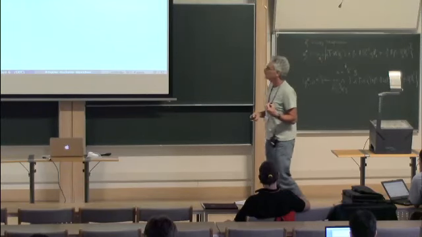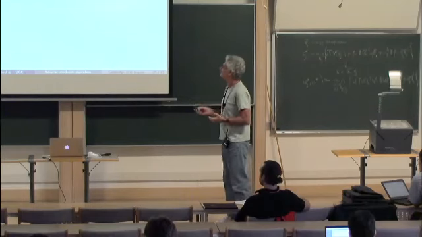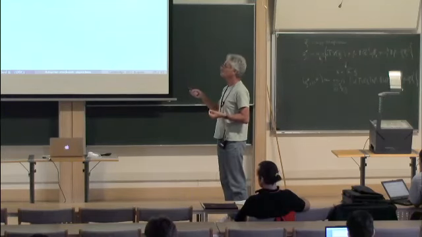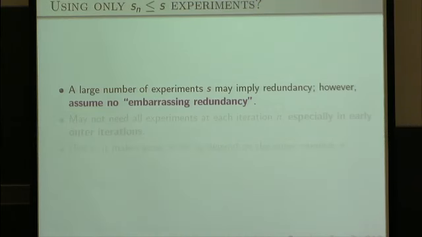So first of all, I want to remove the possibility that S is huge. Okay, so we started with S very small, but now I want to cap it from the other side. I don't want S to be huge. If I have 1 million data, which sometimes companies give you, and it turned out that if I took every 1,000th of them and used only those, throwing away all the rest, that would have worked, let's say, then I would call this embarrassing redundancy.